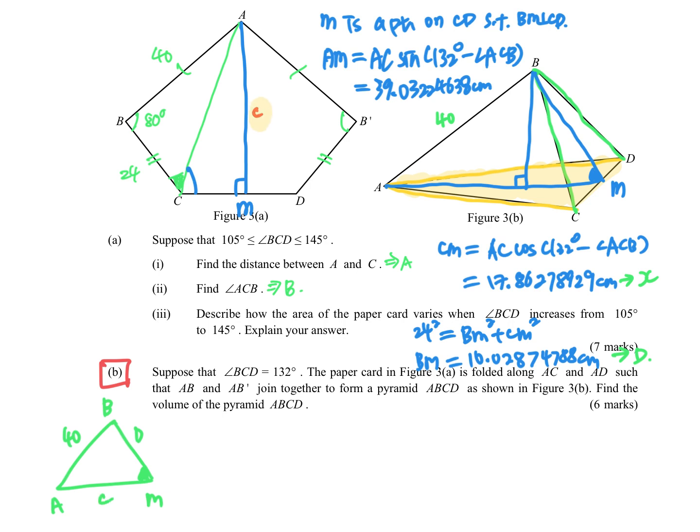So note this. Good. And then we just try to find the angle. So cosine of angle AMB equals AM squared plus BM squared minus 40 squared over 2 times AM times BM.